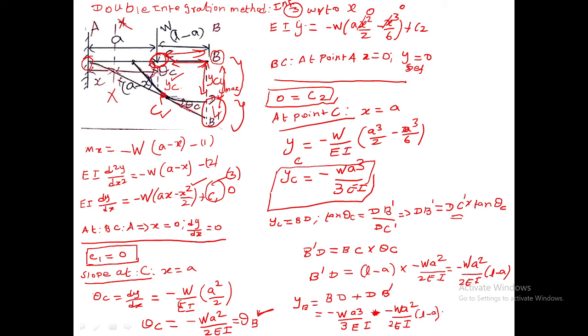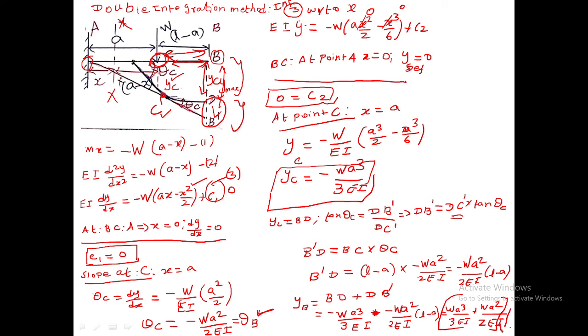So the final answer is W a cube divided by 3EI plus W a square divided by 2EI into (L minus a). This is the total deflection at point B.